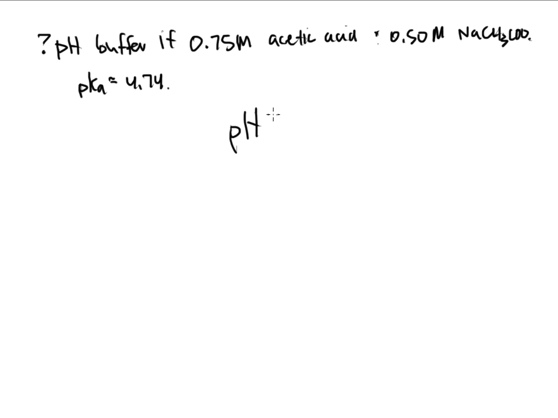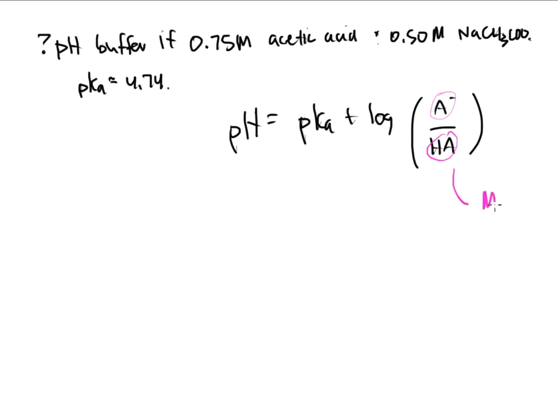So pH is equal to pKa plus the log of the base divided by the acid. These numbers for base and for acid require molarity. Okay, you can't put grams in there. You can't put ppms. You can't put anything in there other than molarity.